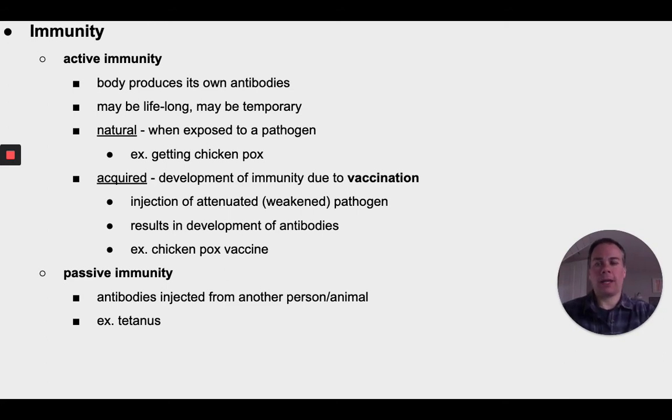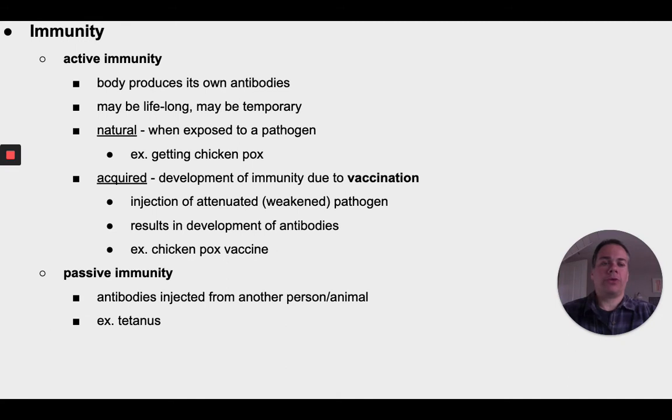Those antibodies would attach and mark that chickenpox virus, and my immune system would probably fight it off quickly and I would never get sick with it again. So that's active natural immunity. I developed that immunity because I was exposed to the chickenpox virus. Sometimes this might be temporary, sometimes it might last for an entire lifetime.